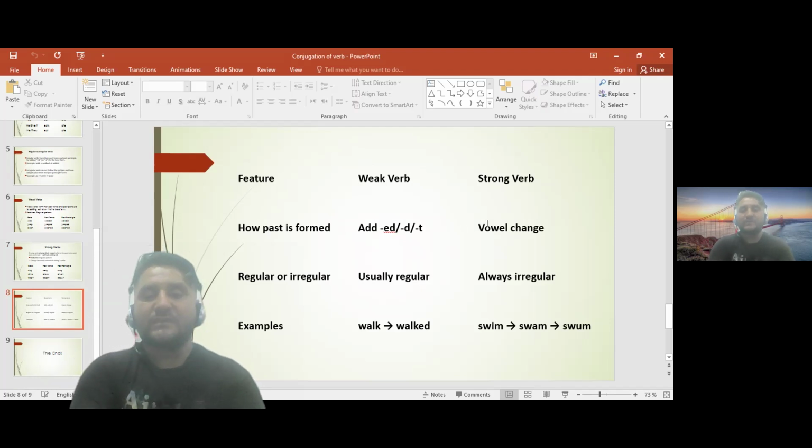And strong verbs just change their vowels. And regarding regular or irregular verbs, weak verbs are usually regular, and strong verbs are usually irregular. So examples of weak verbs and regular verbs are walk, walked, walked. And strong verb examples are swim, swam, swum.